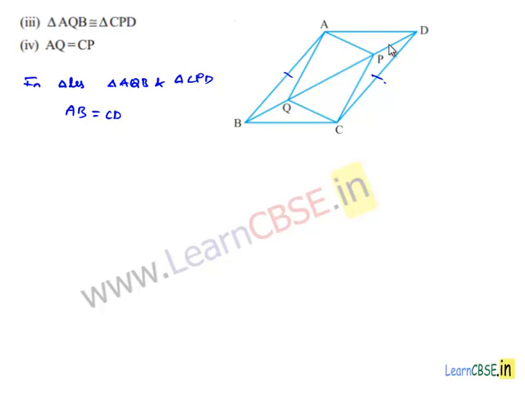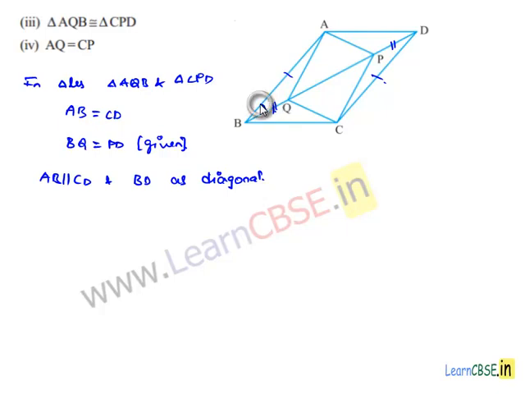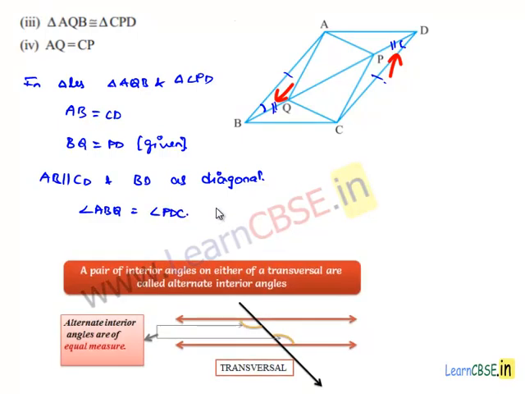And he has given that BQ is equal to PD. Now, if we consider that AB is parallel to CD and BD as diagonal, then angle ABQ will be equal to angle PDC, since they are alternate interior angles.